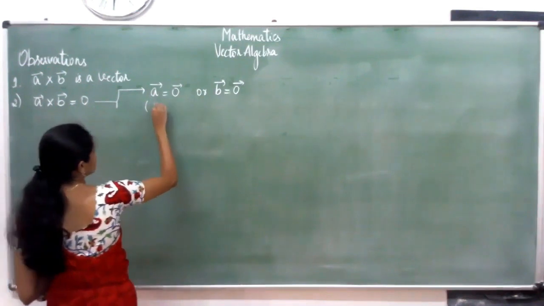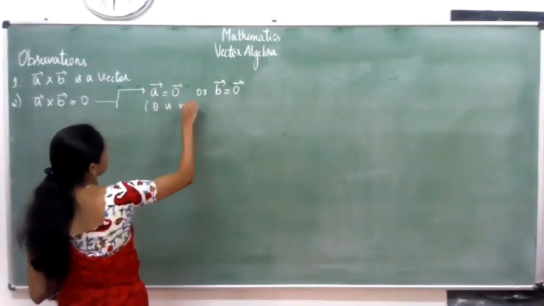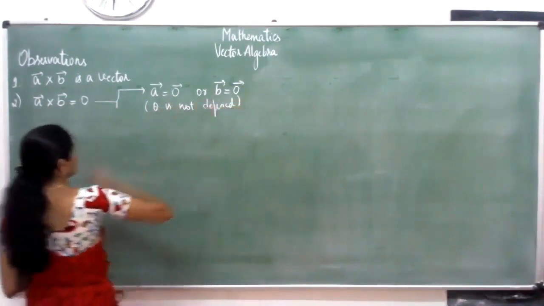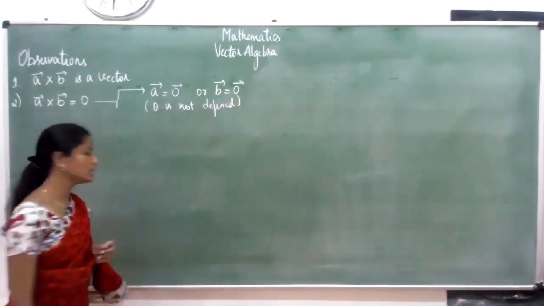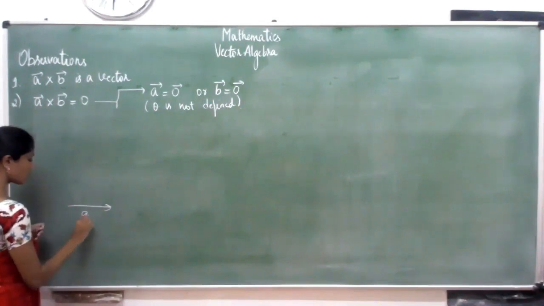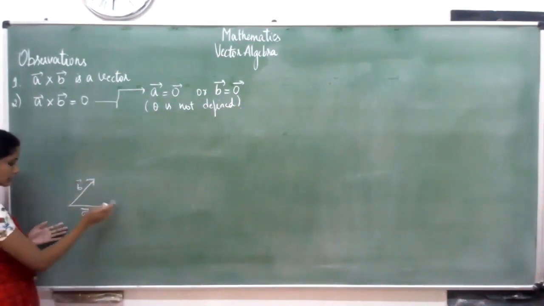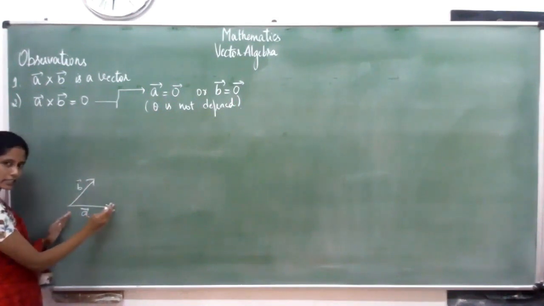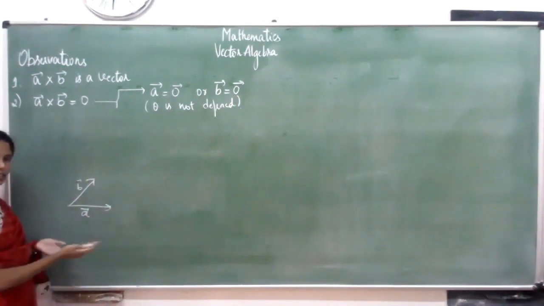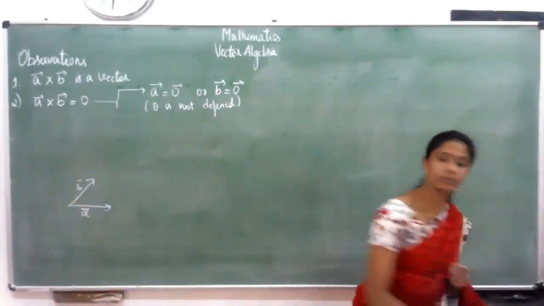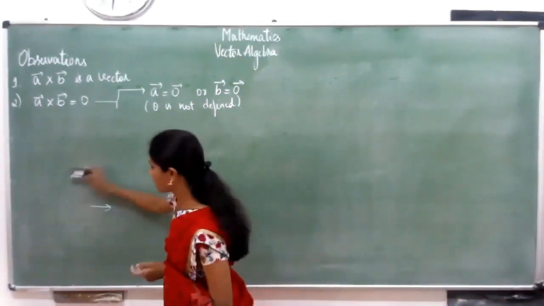In this case, you should remember theta is not defined. Why is theta not defined? If one of the vectors is a 0 vector, I don't have that vector itself. If A is 0, I don't have a vector. So there is no angle between the two vectors, so theta will not be defined in that case.